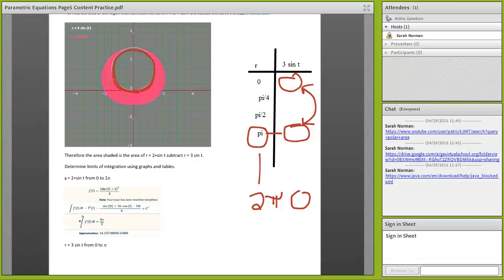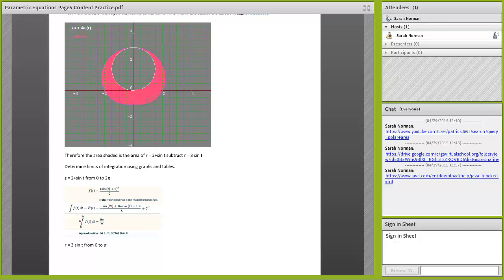Sometimes it might take 2 pi, it might take 4 pi, depending on the function. You'll have to evaluate that. And that's the hardest part about finding the area within a polar curve, finding those limits of integration.